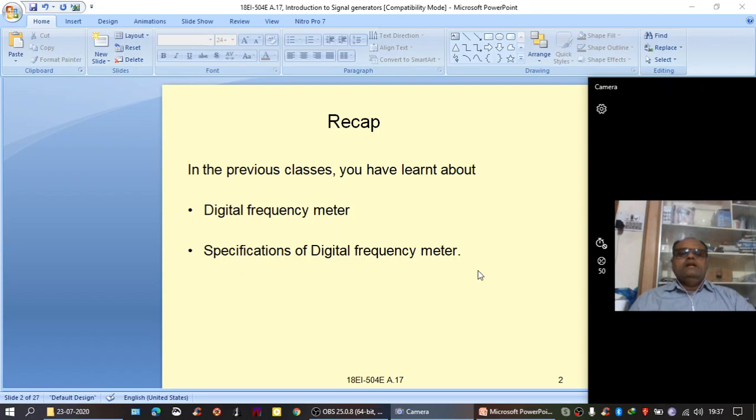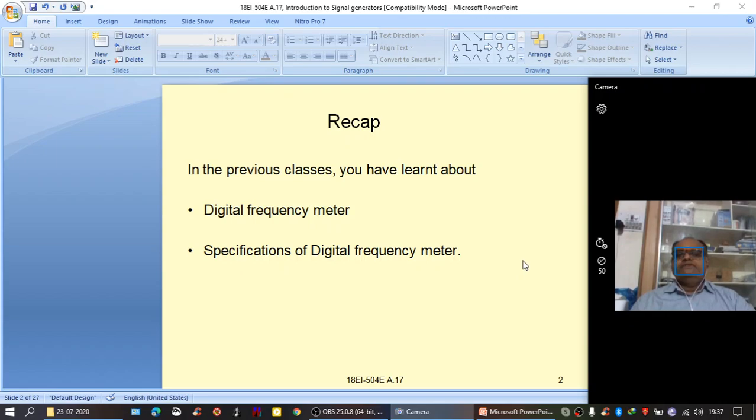So the output of the AND gate is counted by a digital counter. At the end of 1 second of gating pulse duration, the count on the digital counter is a direct indication of the frequency of the unknown signal.